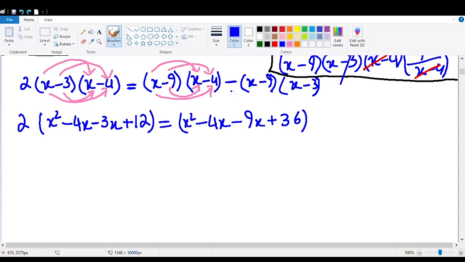Then we have this minus, we write this minus over here, then we have x, this x will multiply with x, this x, and we'll get x squared, and then this x will multiply with minus 3, and we'll get minus 3x.